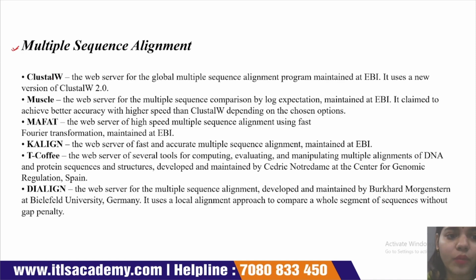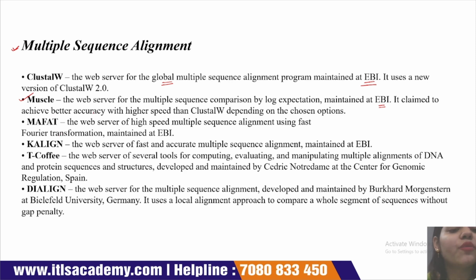First is Clustal Omega. Clustal Omega, the web service for global multiple sequence alignment maintained by the EBI. Okay. Second is MUSCLE. The web service for multiple sequence comparison by log-expectation maintained at EBI.